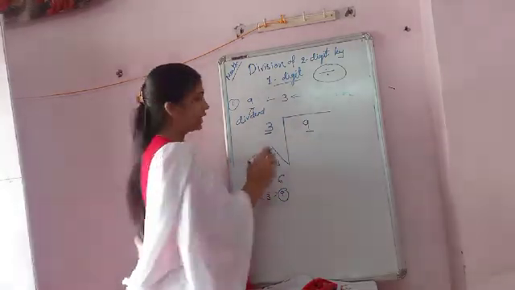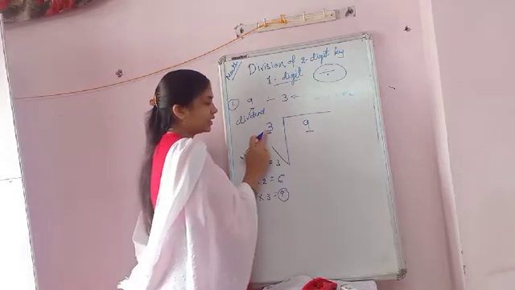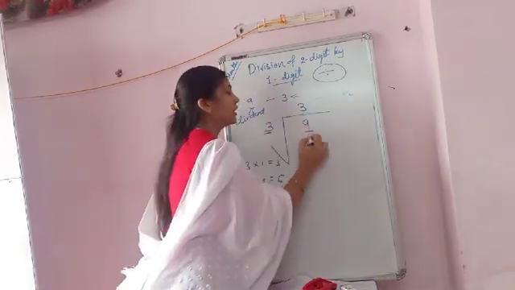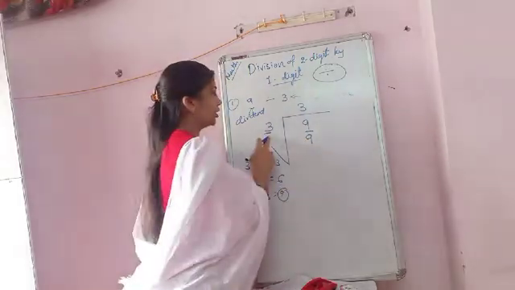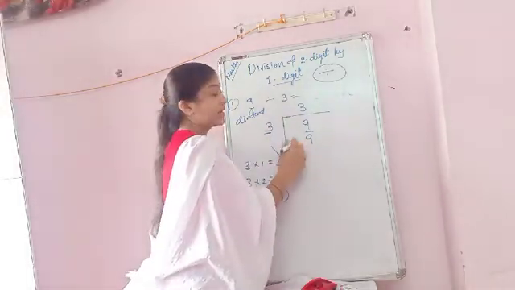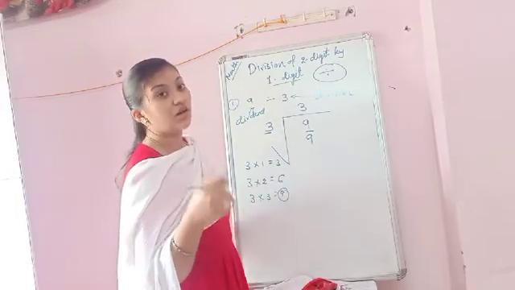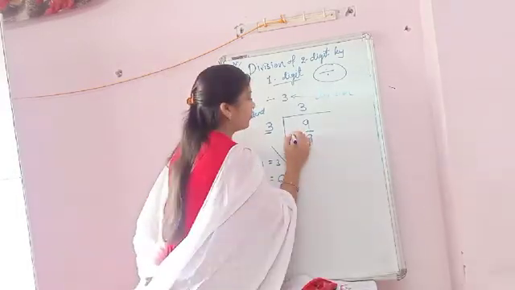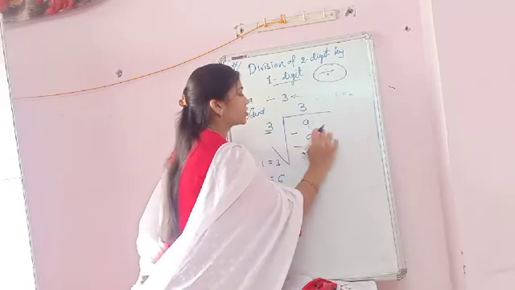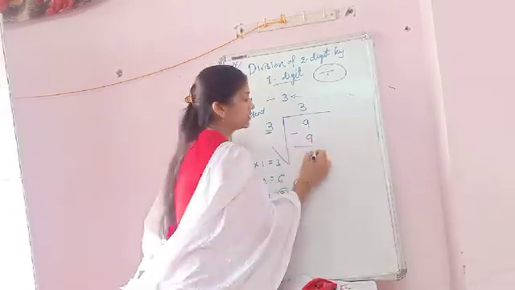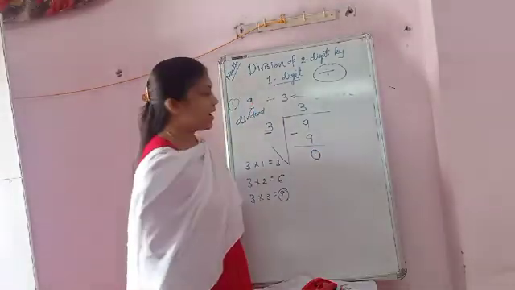But how can you write it? 3 threes are 9, and as you know, division is the repetition of subtraction. So you have to put the sign of the subtraction here. 9 minus 9 is 0.